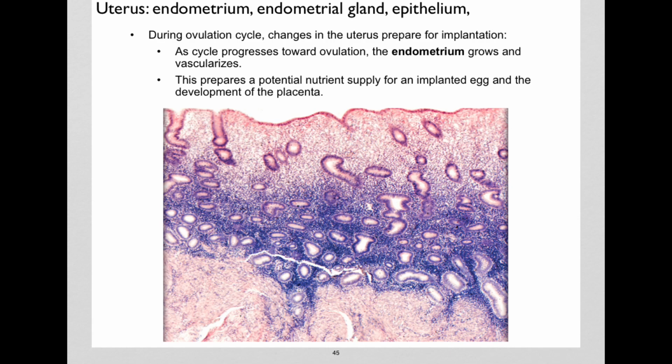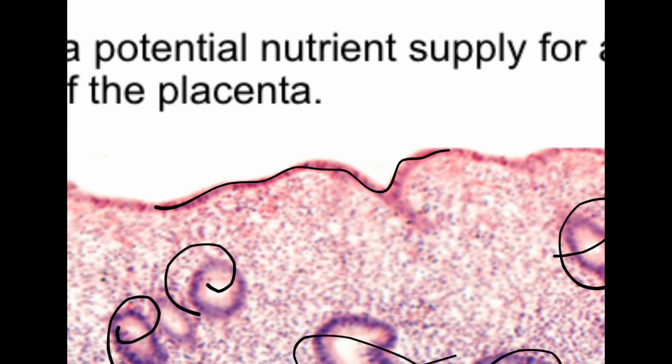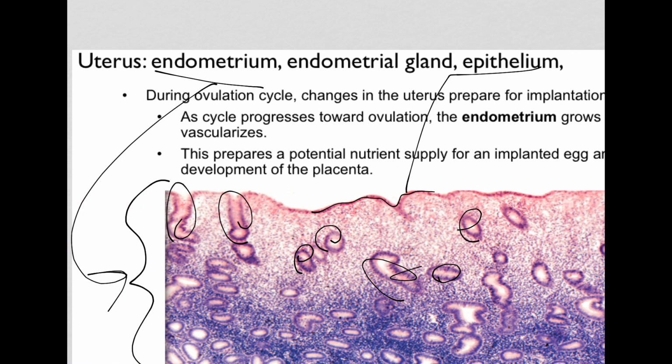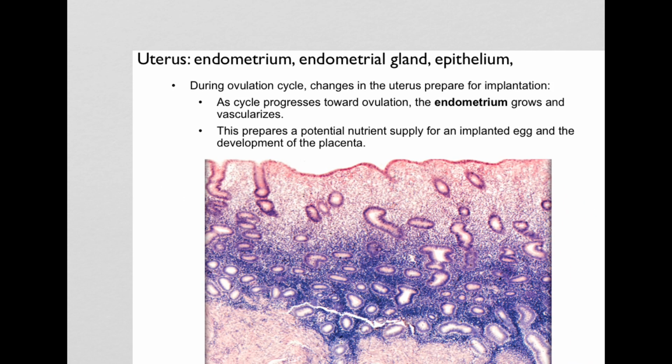And this histology is showing you uterine tissue, and this entire layer right here is the endometrium. It's filled with these endometrial glands that secrete all sorts of important products into the interior of the uterus, and the epithelium right on the surface. That epithelium and the endometrium below it, that's where the embryo is going to implant if there's fertilization.